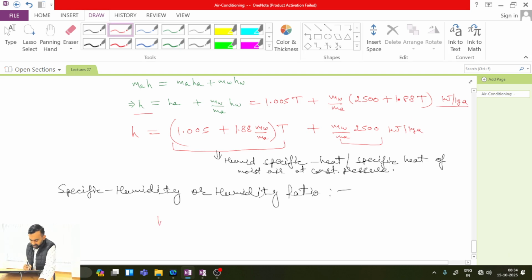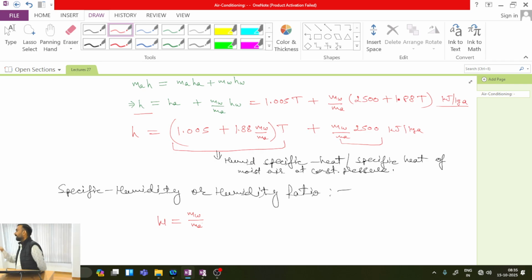It is given by the symbol W and it is generally defined as the mass of water vapor per unit mass of dry air present in moist air at any temperature T. So mw by ma is what is called the humidity, but what are the conditions? mw by ma in a given volume of moist air at temperature T. Okay, so volume is given and temperature is T.